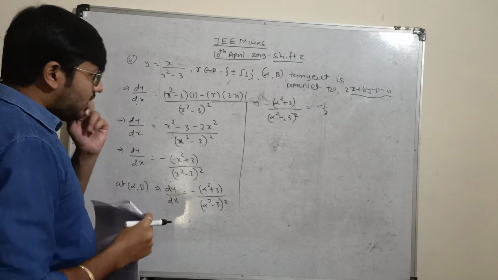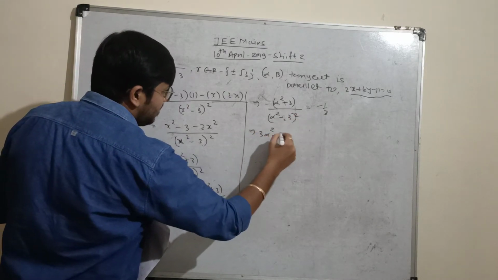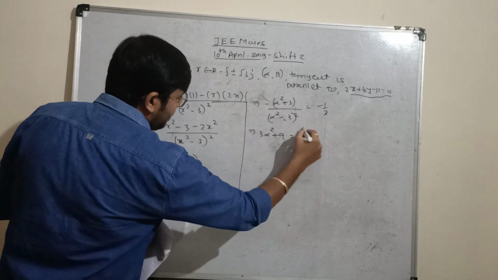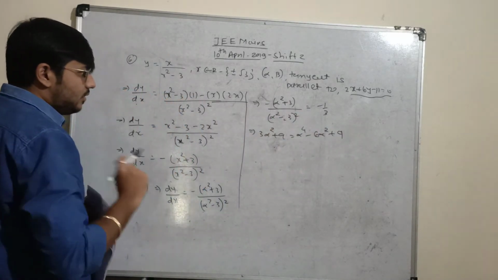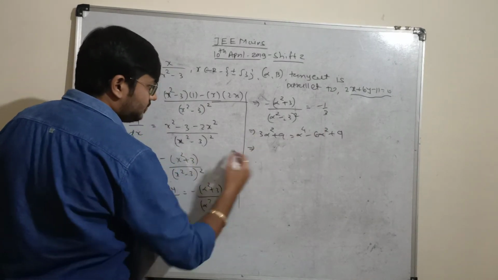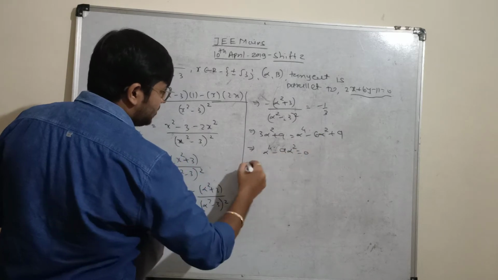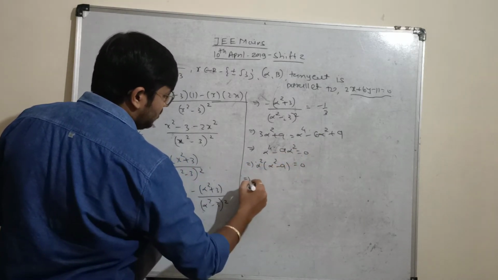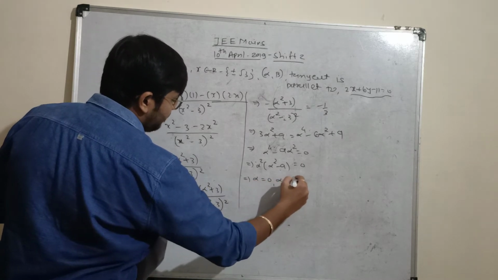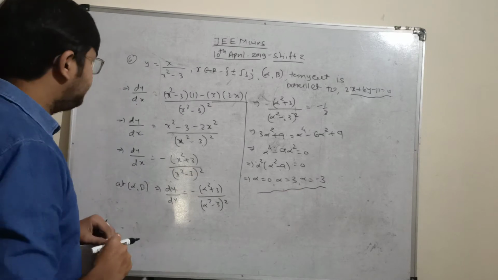Okay, so let's compare them. So it will be 3 alpha square plus 9 equals alpha raised to 4 minus 6 alpha square plus 9. Okay, so 9 cancels. Alpha raised to 4 minus 9 alpha square equals 0. Alpha square common, alpha square minus 9 equals 0. So either alpha equals 0 or alpha equals 3 or alpha equals minus 3.